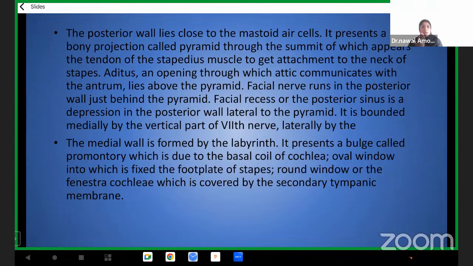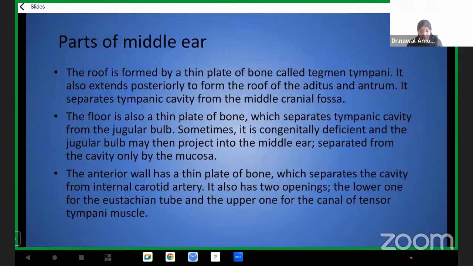The roof is a thin plate of bone known as the tegmen tympani. Remember that the roof of the middle ear is known as tegmen tympani. It extends posteriorly to form the roof of the aditus and antrum.